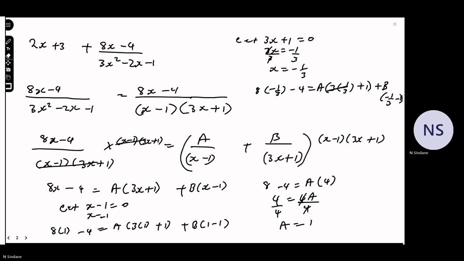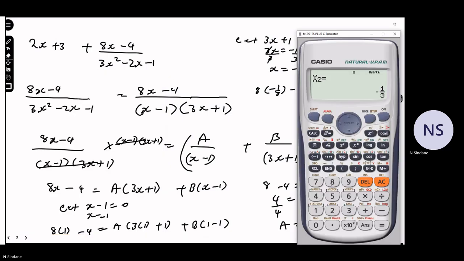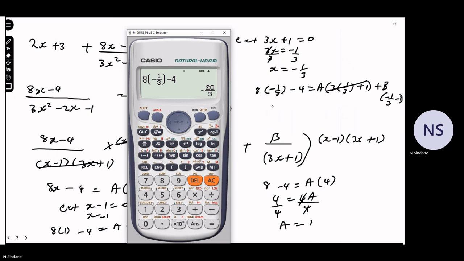Then a is out. On my calculator, 8 into negative 1 over 3 minus 4 gives me minus 20 over 3.